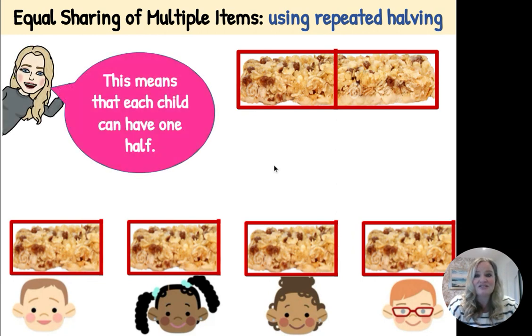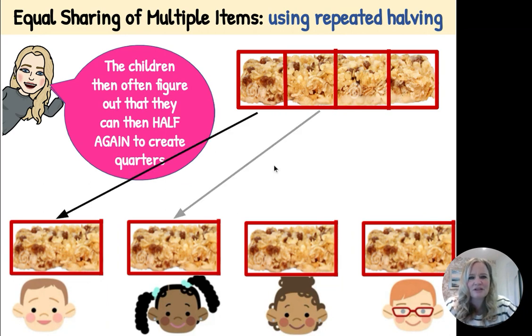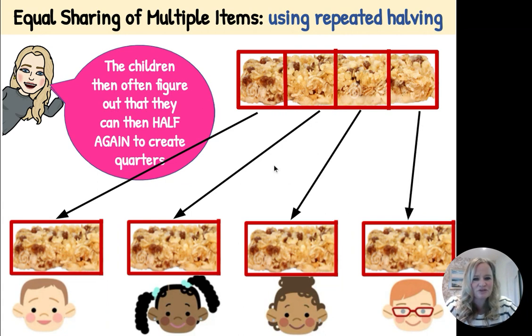So each child has 1 half, and we can then partition each of those remaining halves again to create quarters. The children will often figure out that they can half it again, like we've shown in the bar at the top there, which means they can then distribute those quarters to each person, so they end up with a half and a quarter.